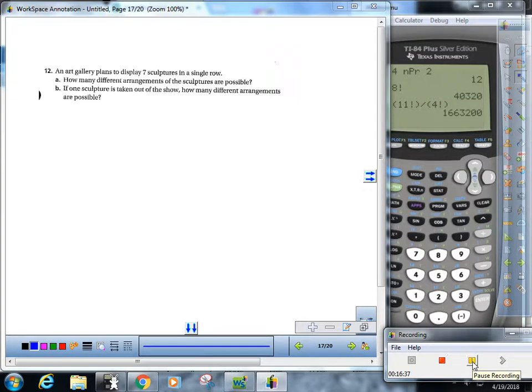Alright, an art gallery plans to display 7 sculptures in a single row. How many arrangements of the sculptures are possible? So those where the sculptures are going. Okay? How many options are there for the first sculpture? Well, you could pick any of the 7. Now, how many sculptures are left?